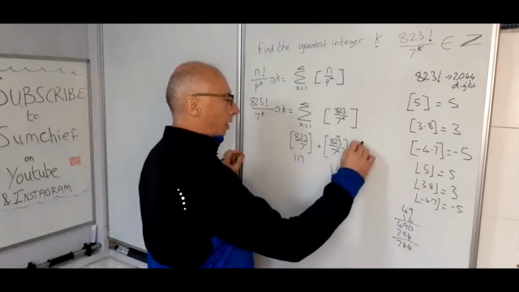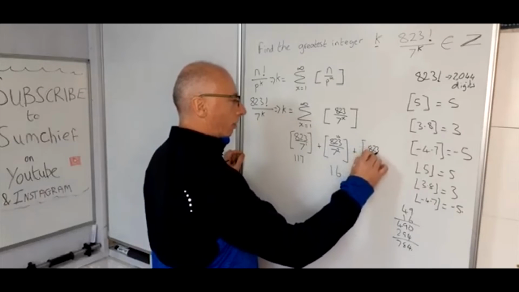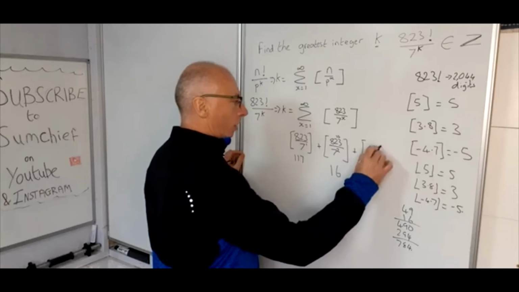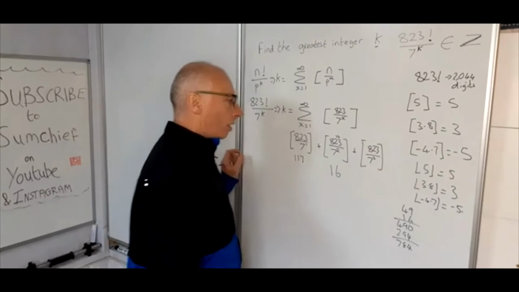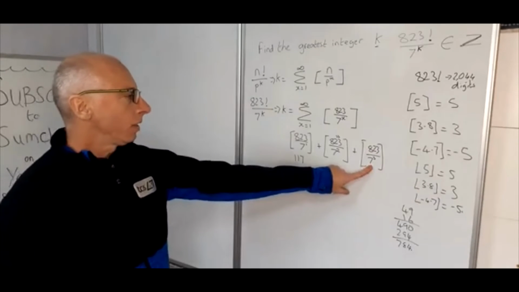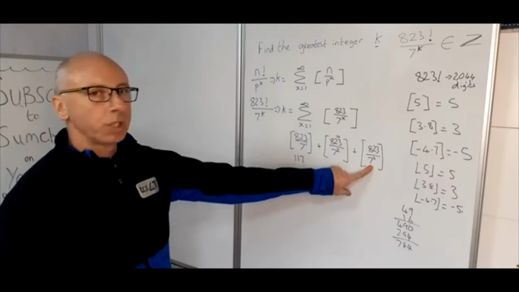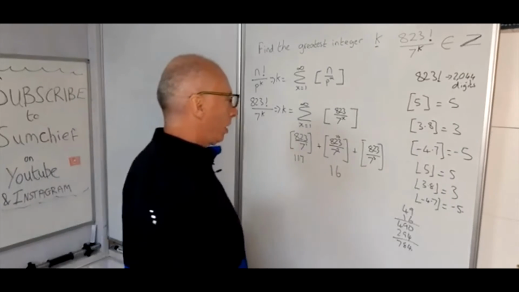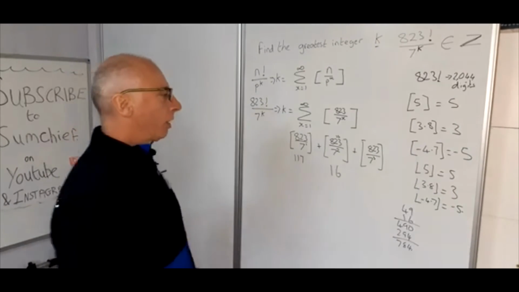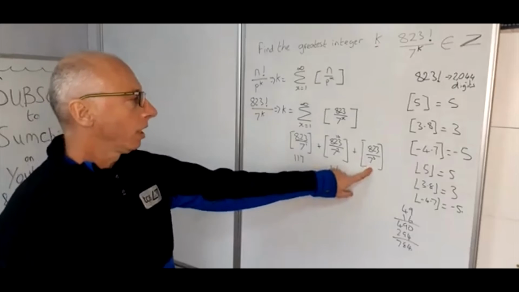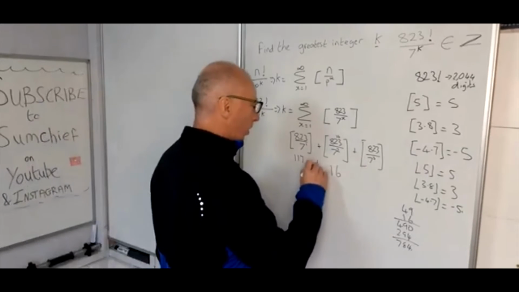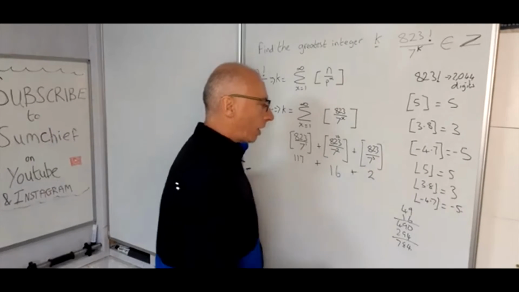Now on to the next one. 823 divided by 7 cubed. So 7 cubed is 49 times 7, which is 343. So 823 divided by 343 is going to give us 2 in terms of our greatest integer function.